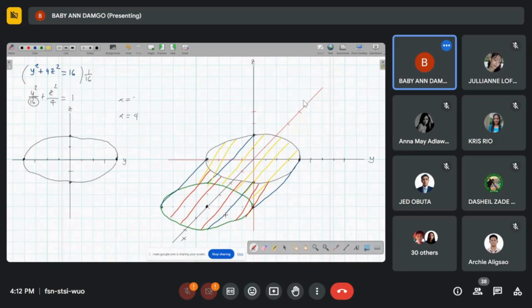Ay, ano siya? Y squared plus 4z squared is equal to 16.